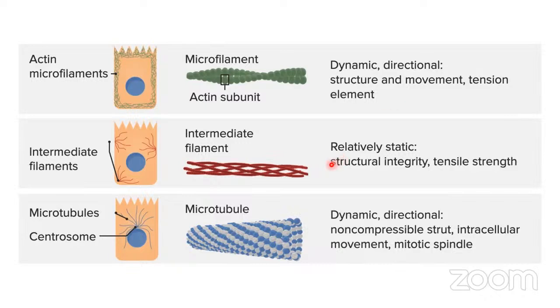In case of intermediate filaments, they are relatively static, that is, they do not move. They provide the structural integrity and the high tensile strength to the cell. In case of microtubules, which are made up of tubulin protein, they are dynamic, that is, they also move, they are directional, they also have a polarity, they are non-compressible structures, and they help in the formation of the mitotic spindle during the time of cell division.